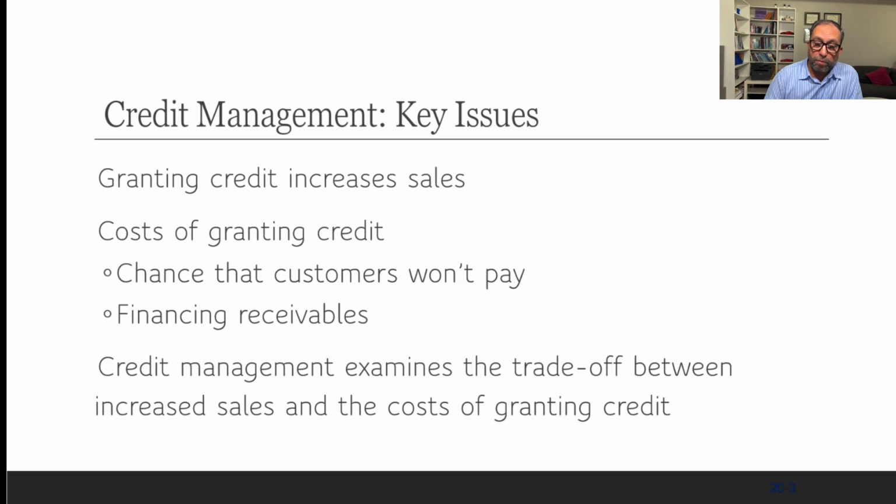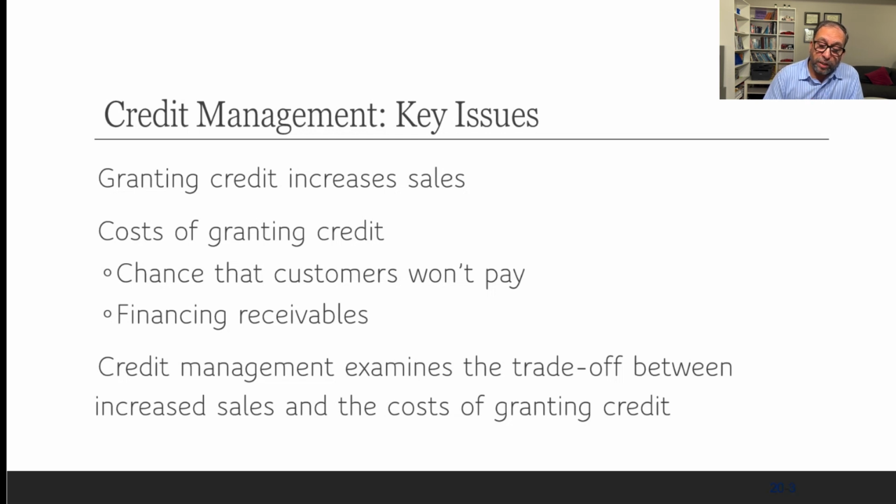One cost is bad debts, or uncollectibles: the failure of the customer to pay. Certain percentages, like 3%, 2%, 1%, on average in different industries, are very common, where customers are not going to pay.